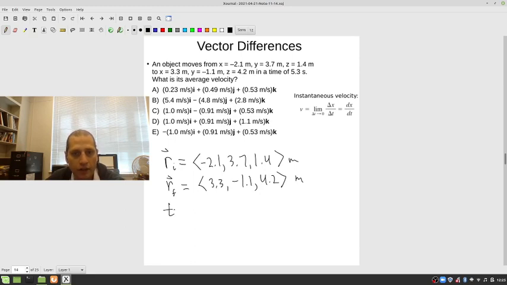And the amount of time that you took is 5.3 seconds. And so if you wanted to find your average velocity, it would be r final minus r initial divided by the time. So I'm going to put this on your review sheet. I'll let you work out the numbers on that.